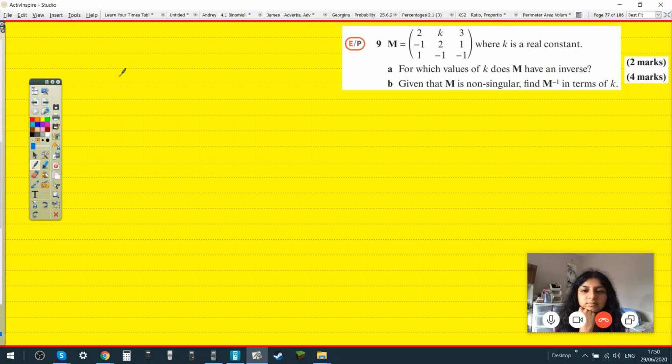Ooh, what is this? I don't know how to find that. Inverse of A. Does M have an inverse? Complicated.